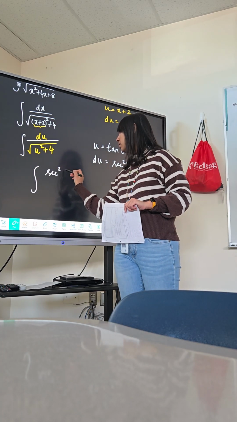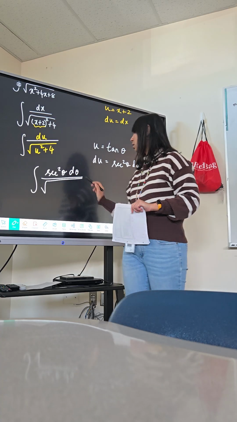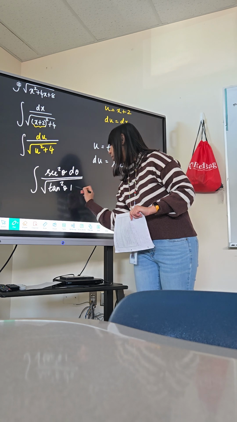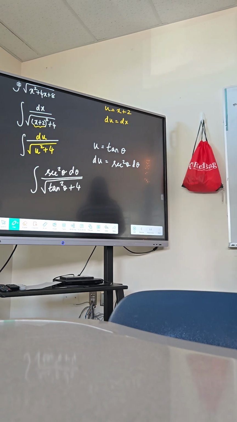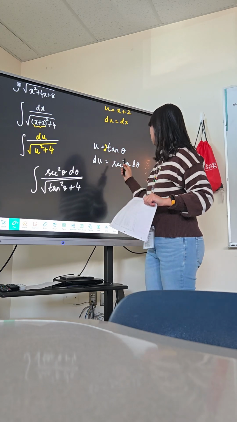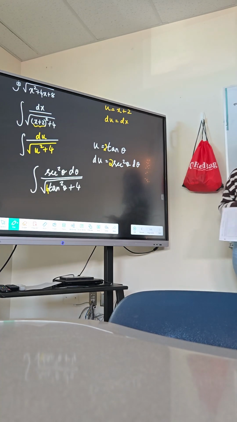over square root of tangent square theta plus 4. Oh, my bad, I missed something. Sorry, 2. Yeah, there has to be a 2 here. There we go.